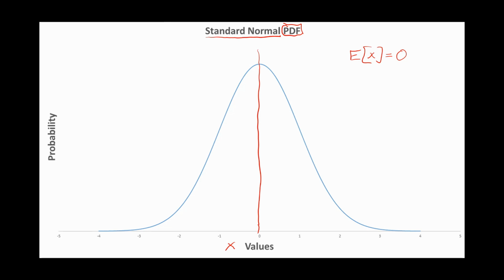And also in a standard normal distribution, the standard deviation is equal to 1. So you can remember this: for a standard normal distribution, the expected value or the average is 0, and the standard deviation is 1. All right. And it's exactly symmetric on both sides. It's symmetric.